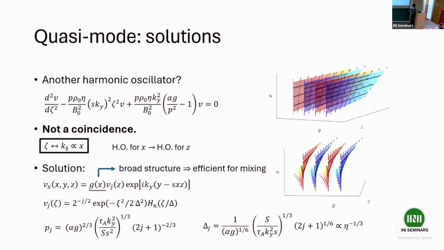If you look at this mode in the XY plane, you can see the convective cells are twisted compared to the vertical plane of the ideal interchange mode.